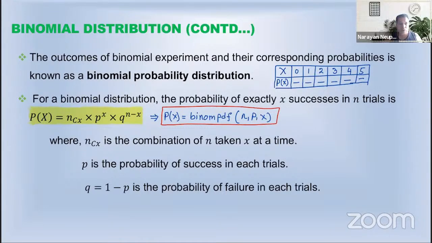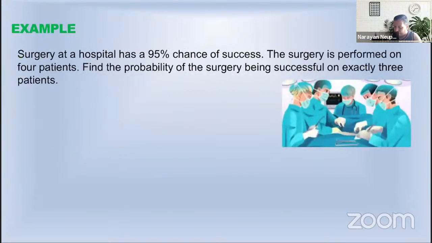Okay, now we are going to use this formula and solve a problem, but make sure your calculator is ready because we need a calculator for this. So here is the example. Surgery at a hospital has a 95% chance of success. So if we look at any surgery at that hospital, the probability that the surgery will be successful is 95%.